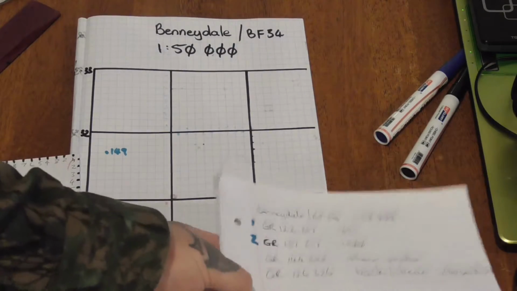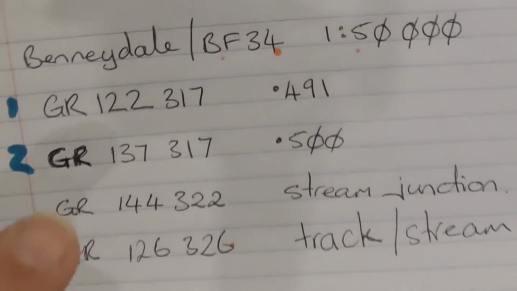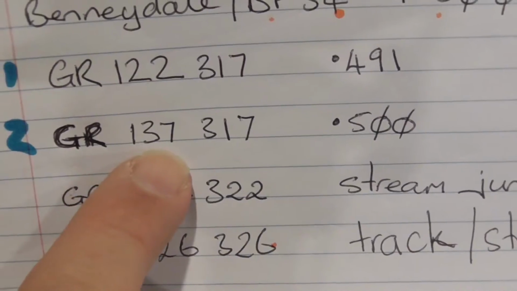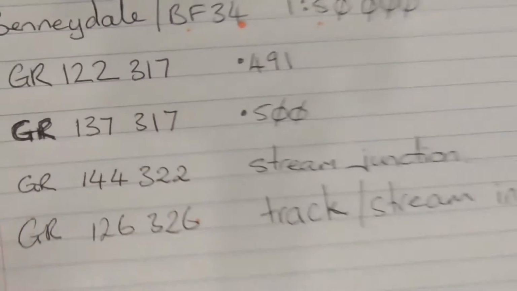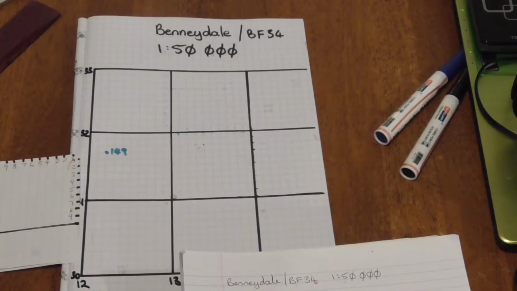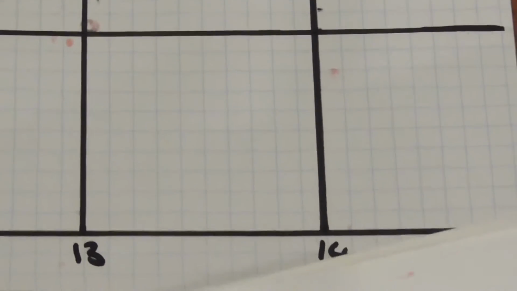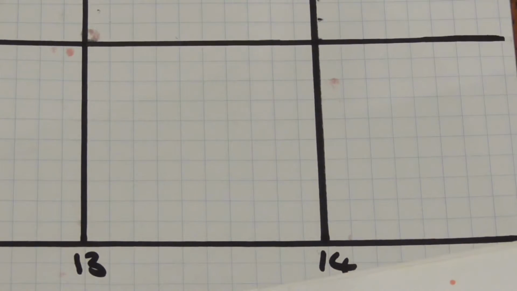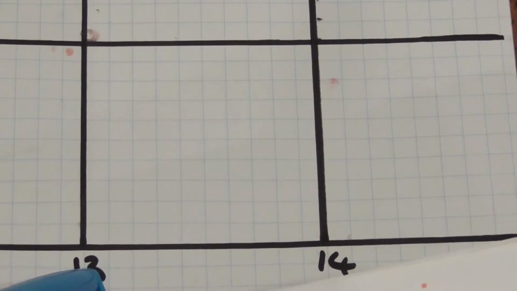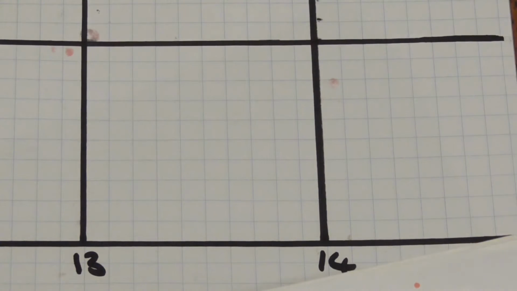Let's do number 2, grid reference 137317. Okay, so let's zoom in to grid reference 13. So here's our 13. The next part is 1331.